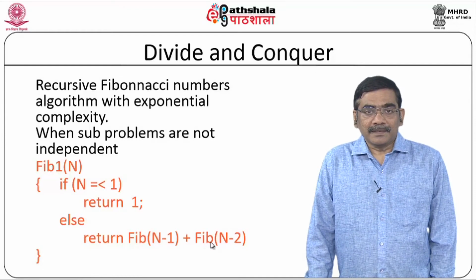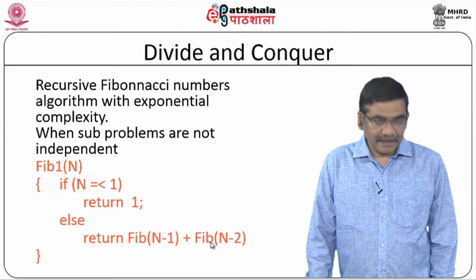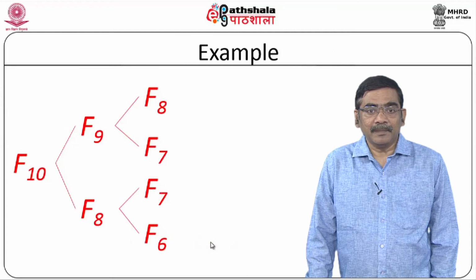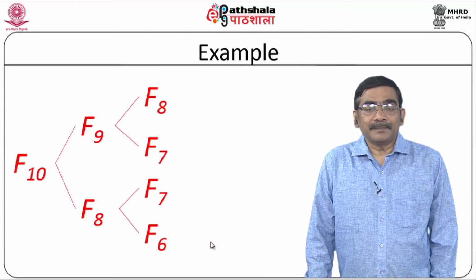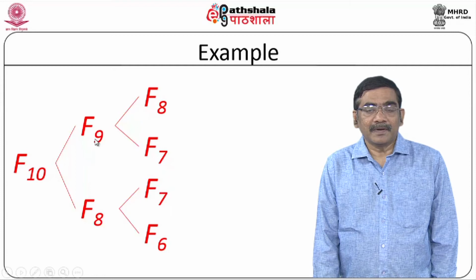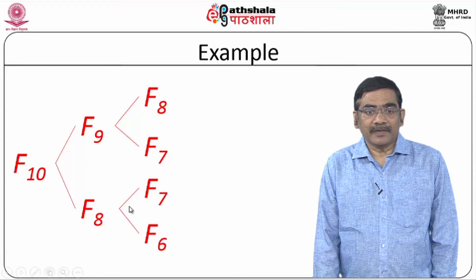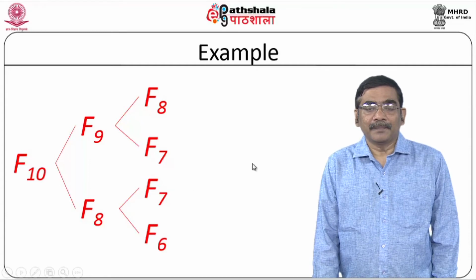This approach seems very simple, but in reality it has a fundamental problem. For finding the Fibonacci of 10, which is the sum of Fibonacci of 9 and 8, and again Fibonacci of 8 is the sum of Fibonacci of 7 and 6, and it keeps on going.